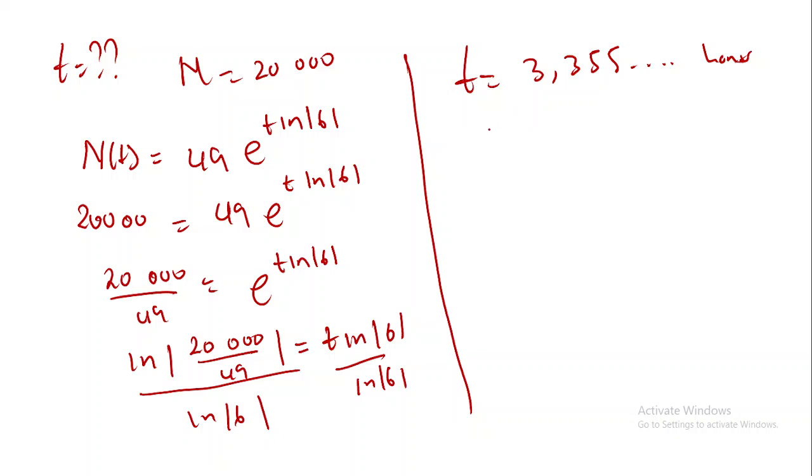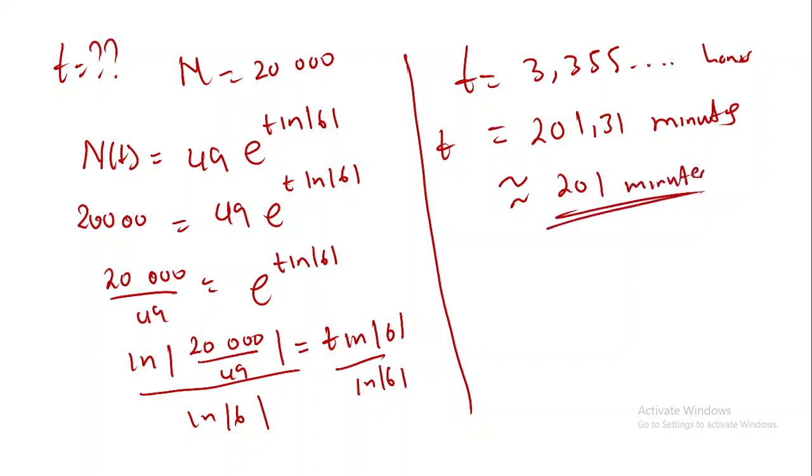We're going to convert this by multiplying the whole answer by 60, which will give us t as 201.31 minutes. You can just approximate it to 201 minutes. This is the final answer.